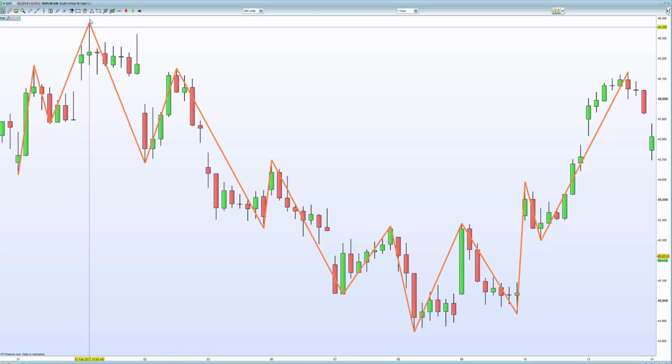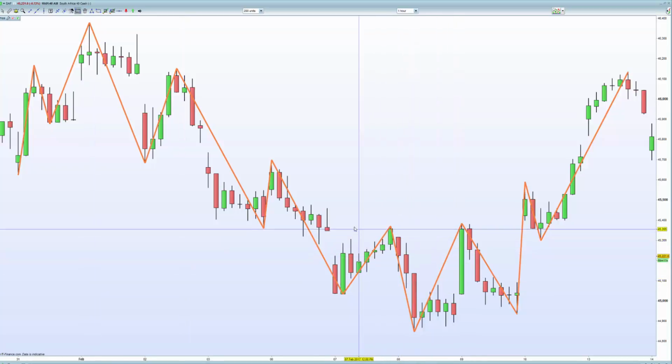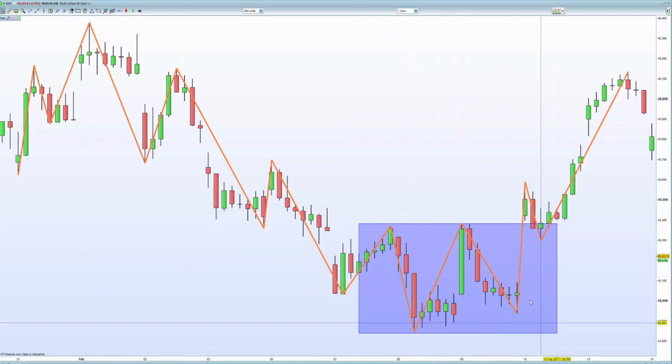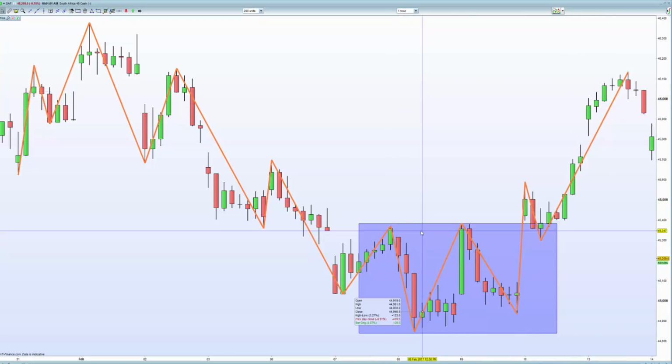Then the market enters into this consolidation area over here before breaking to the upside and starting a new trend to the upside. So that's just in one time frame, with no indicators, a basic understanding of what we can see with price structure.